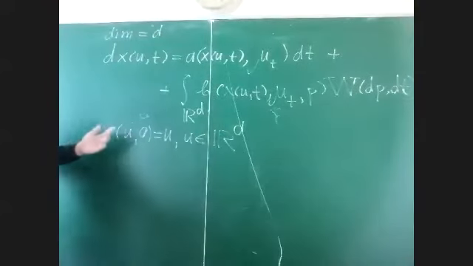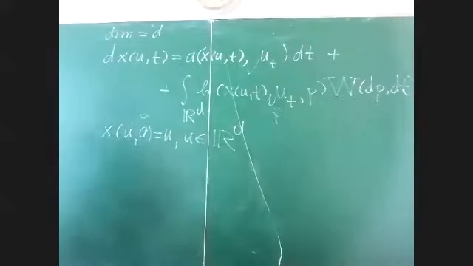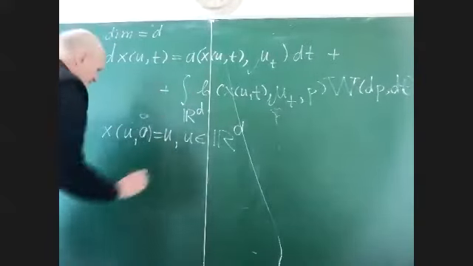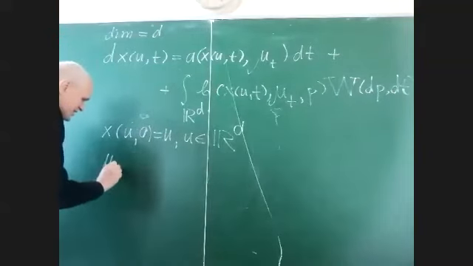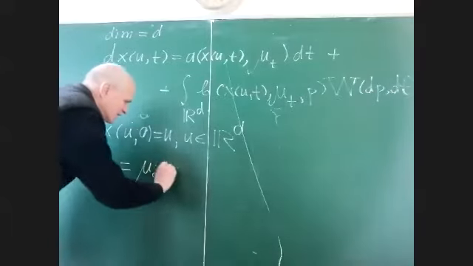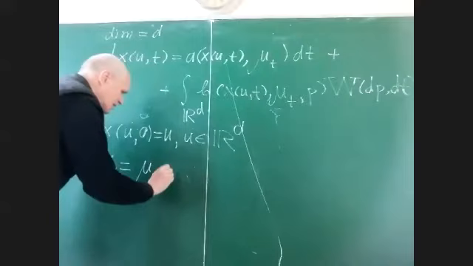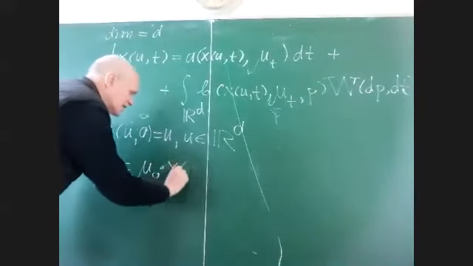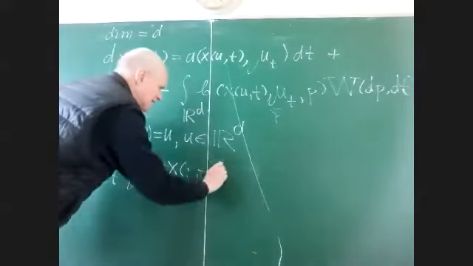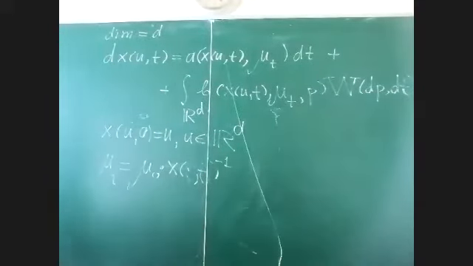Here we start from every point of R, and what is mu t? Mu t is a distribution, the image of the initial distribution, excuse me, under the flow x.